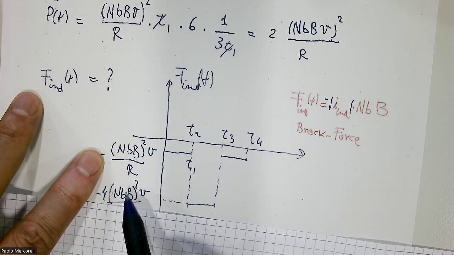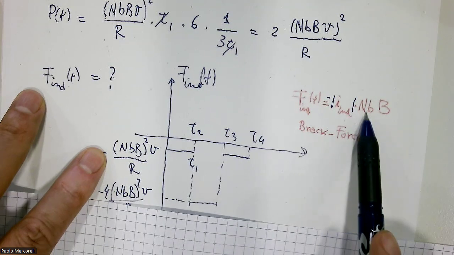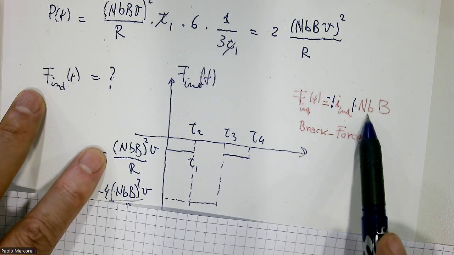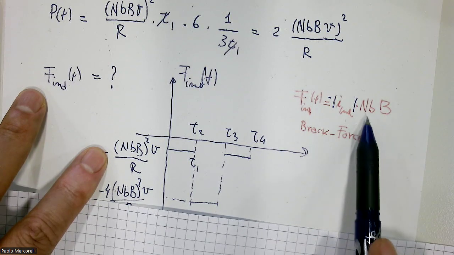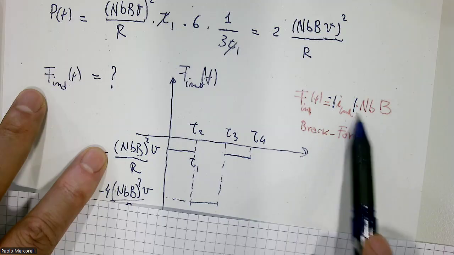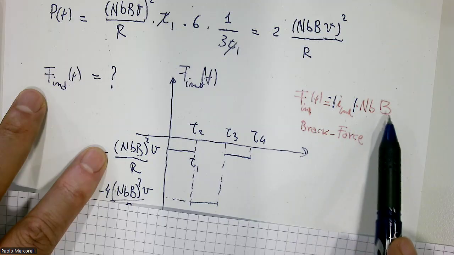No, excuse me, that was a mistake. I have to look. It's not exactly this. It was n multiplied by b capitalized multiplied by v. Then I have to multiply by n multiplied by b not capitalized multiplied by b capitalized.